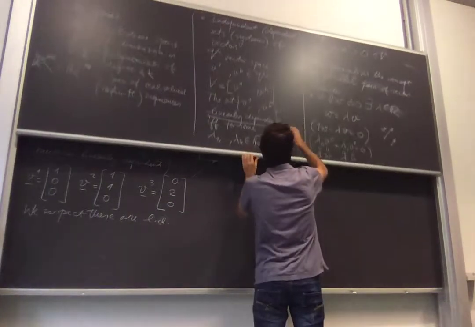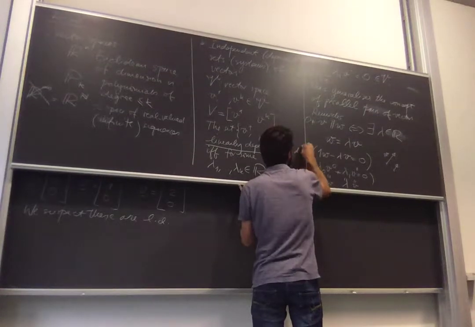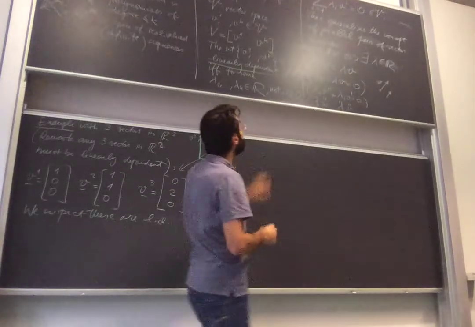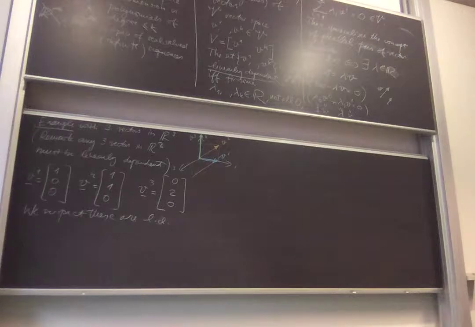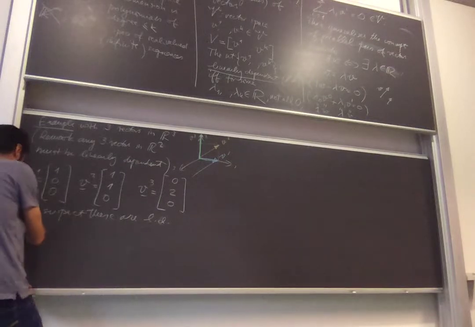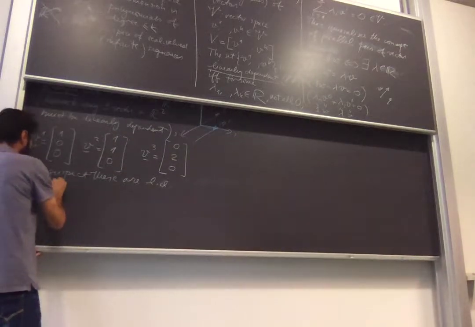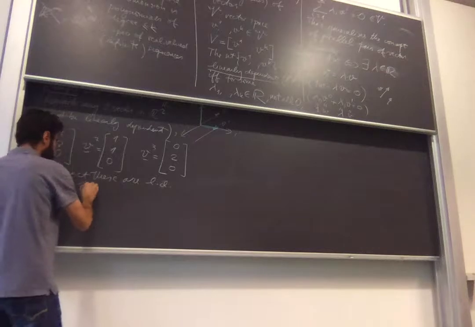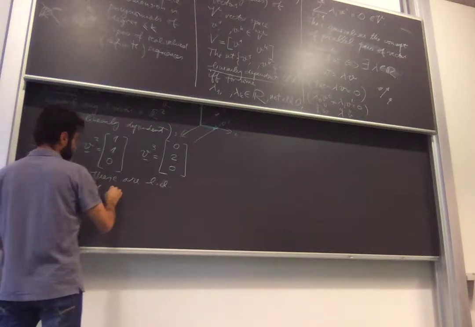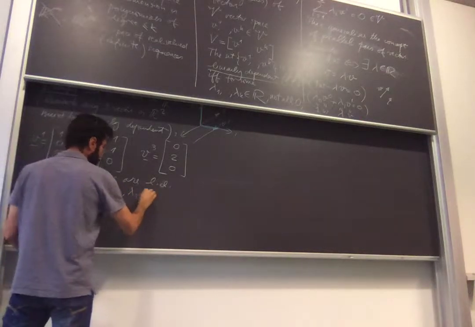Sometimes when we're in a hurry, we just write LD. So we suspect these are linearly dependent, and so let's find lambda 1, lambda 2, lambda 3.